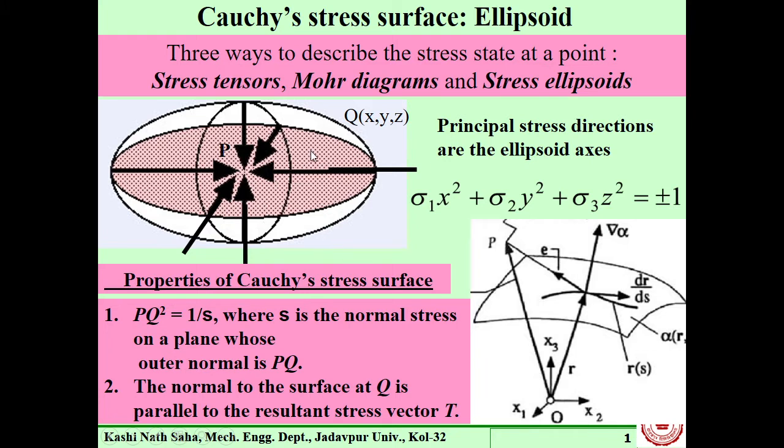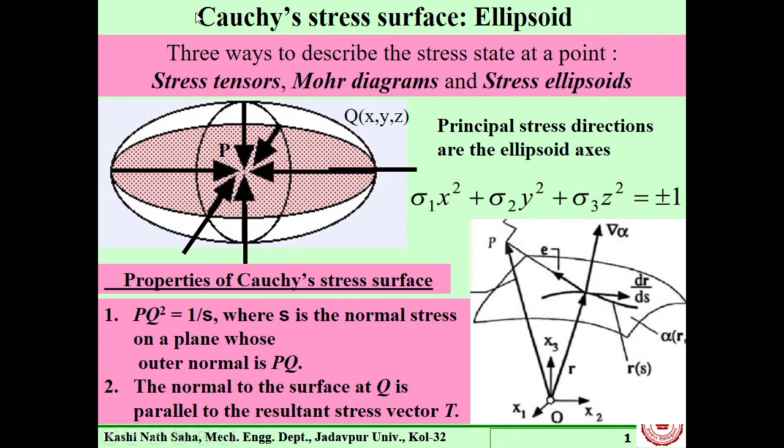This particular point Q on the stress ellipsoid represents a state of stress. So how do we obtain the state of stress from this point Q? If this point Q is known, we know the x, y, z coordinates of point Q. In addition, we know something else.